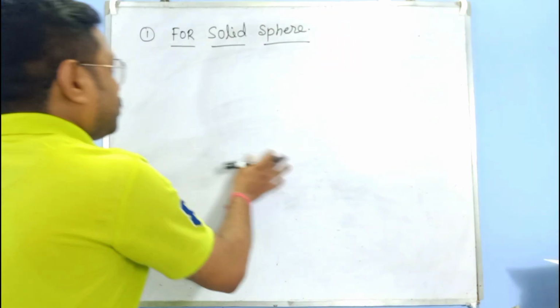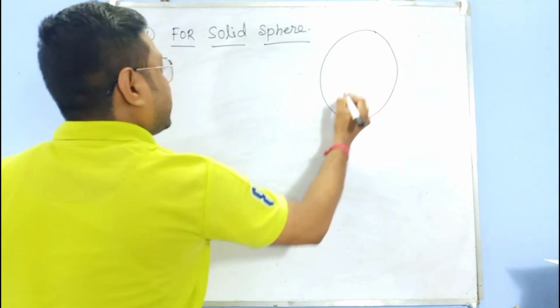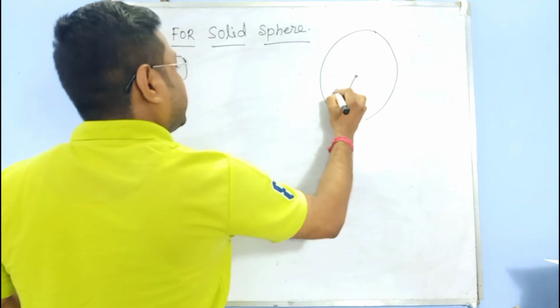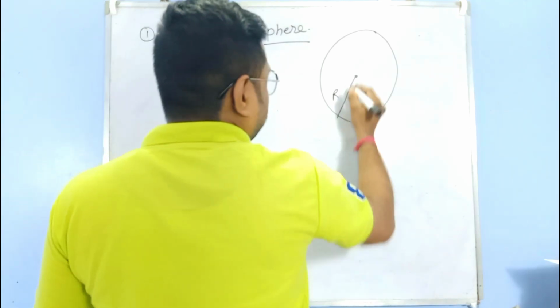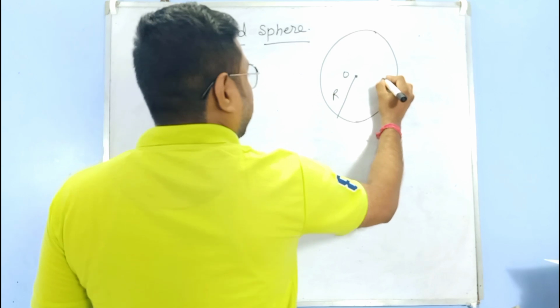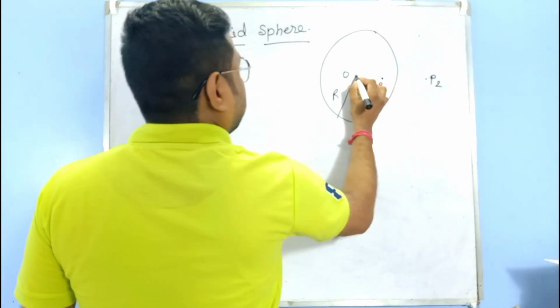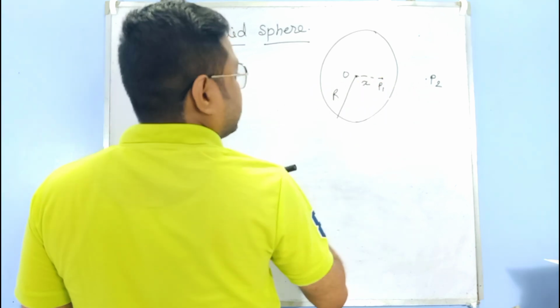Okay. So if this is a sphere of radius r, then again we have to calculate at two points, P1 and P2. P2 is at a distance greater than r, and P1 is at a distance less than r.